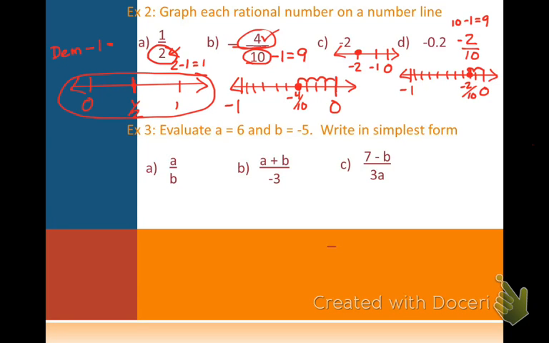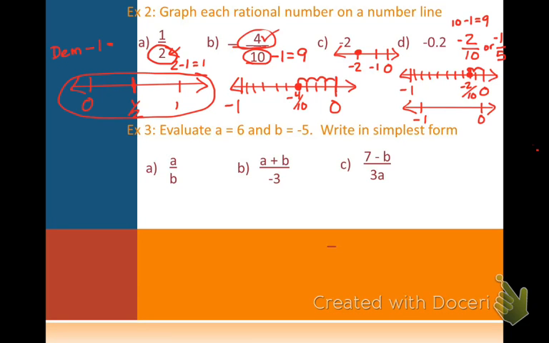The other way you can do it is you can reduce it. Negative 2/10 can be negative 1/5. So if I did that, I'm going to do my line. And again, it's still between 0 and negative 1.